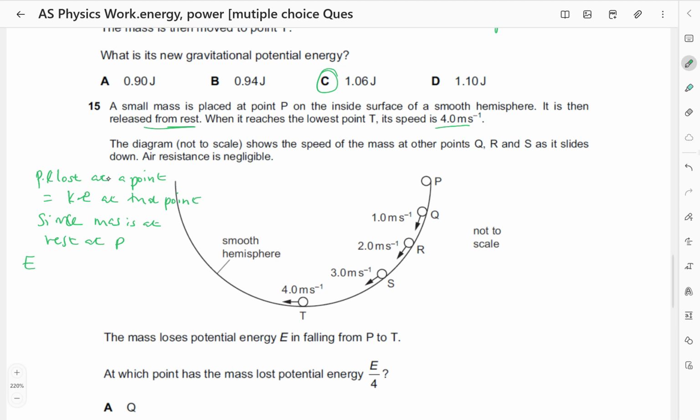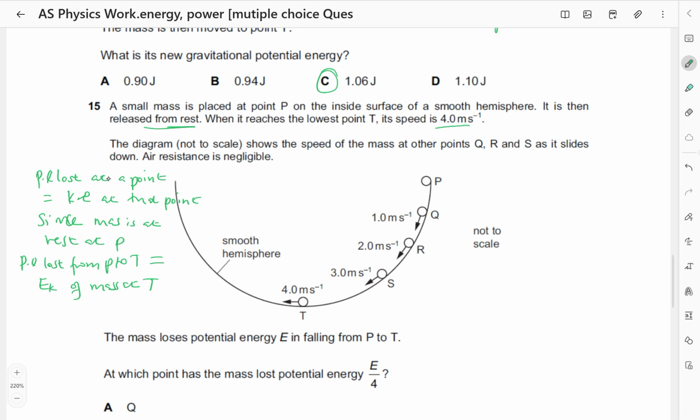Let me say the potential energy lost falling from P to T must be equal to the kinetic energy of the mass at T. Let's see what is that potential energy.